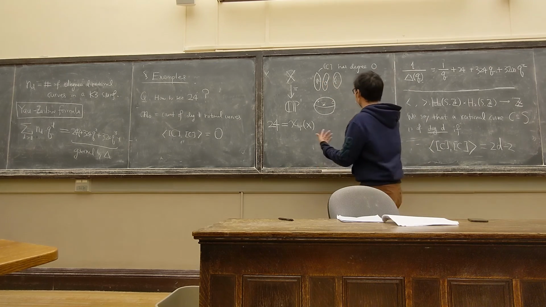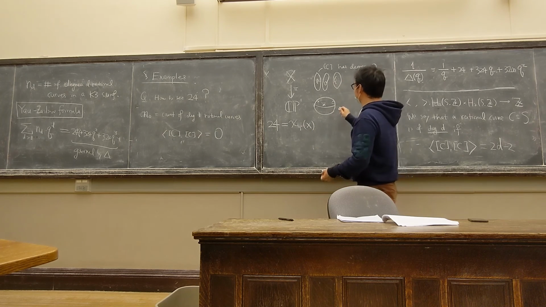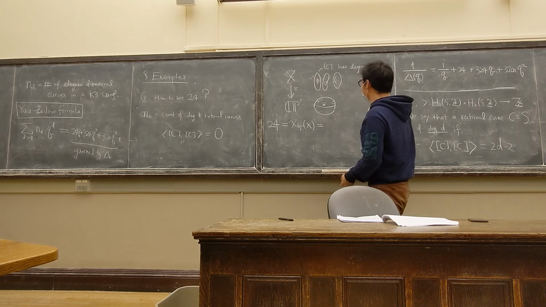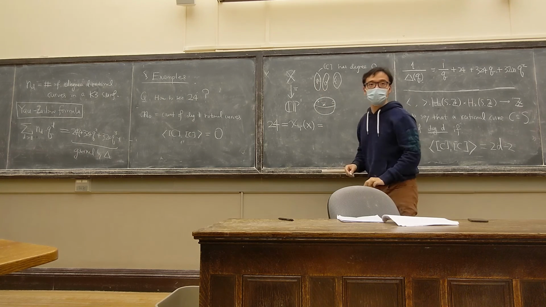Why? Because this topological space can be stratified over the complement of where this degeneration happens.